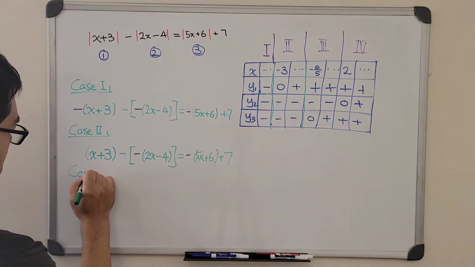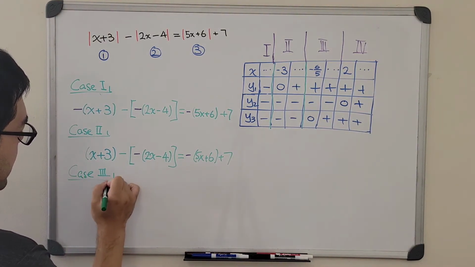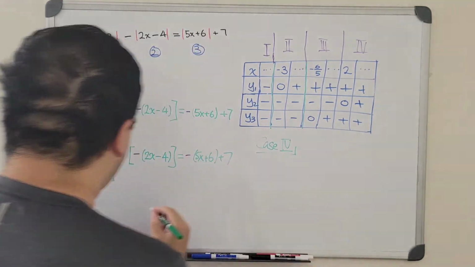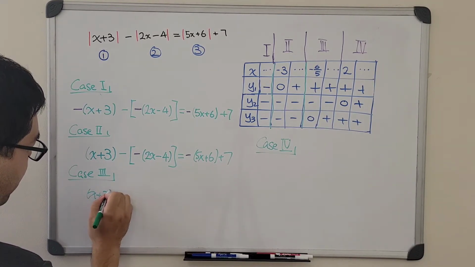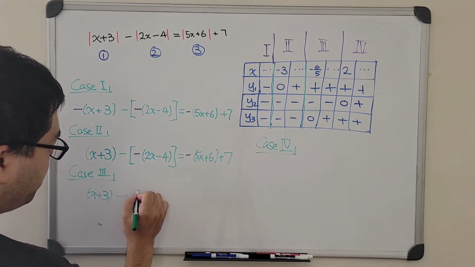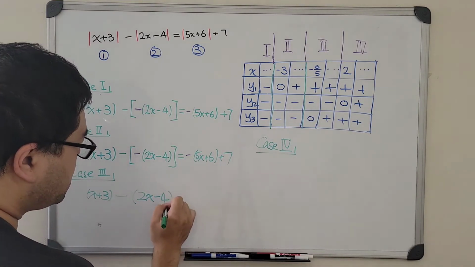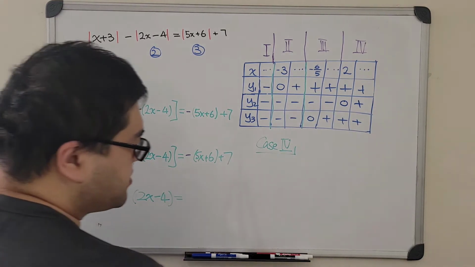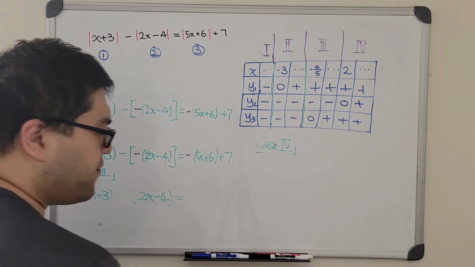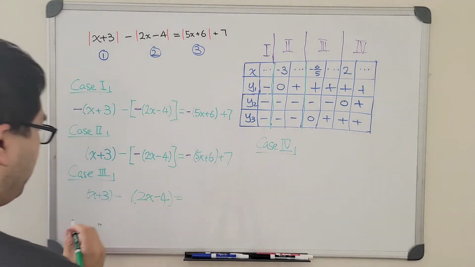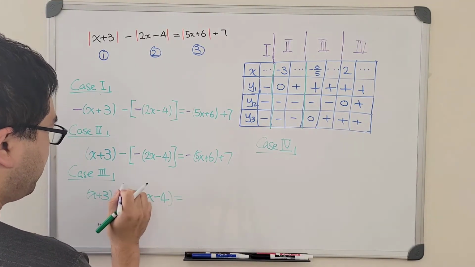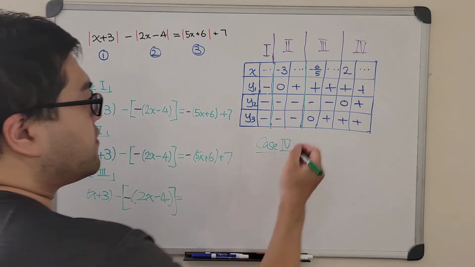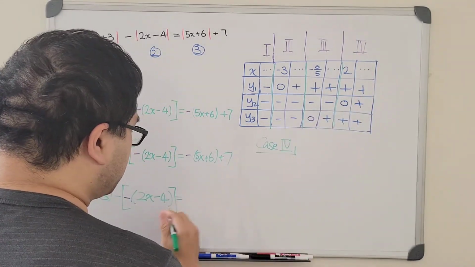So with similar arguments, we can get case 3 and case 4 with the following expressions. Excuse me. This is negative. Right. For case 3, the second term still stays negative, but the third term turns into positive.